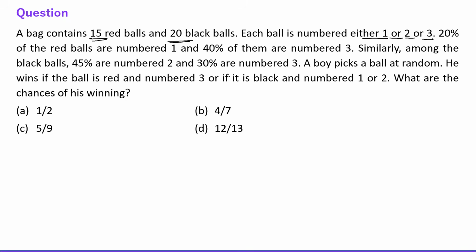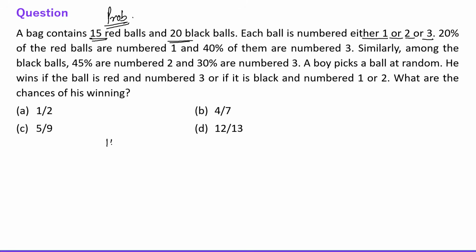He wins if the ball is red and numbered 3, or if it is black and numbered 1 or 2. What are the chances of his winning? This question belongs to the topic probability, and it is actually a lengthy question. Reading and understanding it takes time. But anyways, let's solve this.